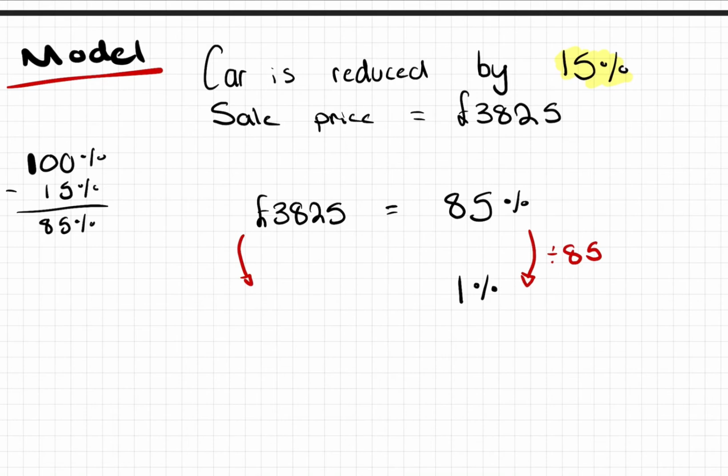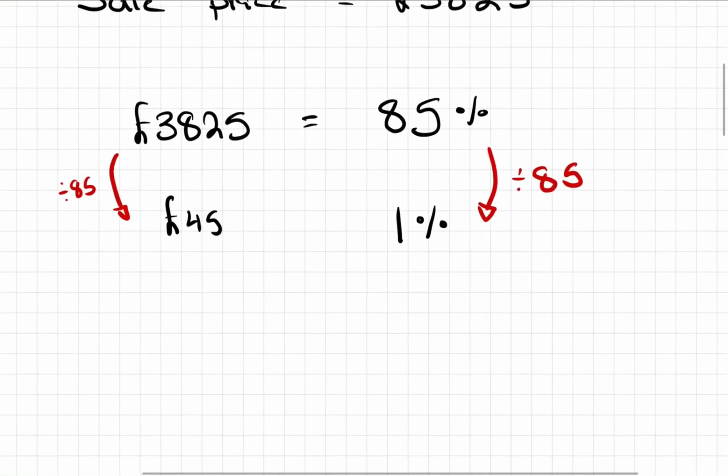So on your calculator, 3,825 divided by 85 gives us £45. So £45 is 1%.